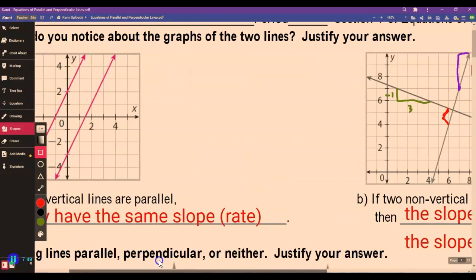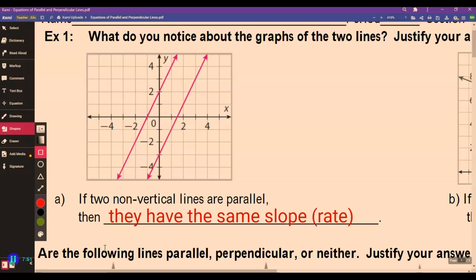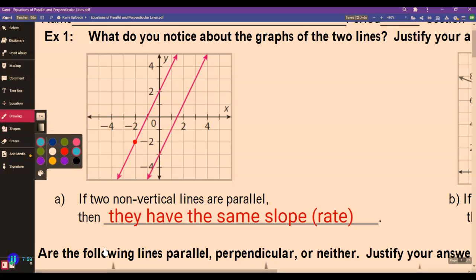And likewise, I'll go back to parallel over here. These are a little bit easier because they're just the same slope. So if I can just label these and find the slopes for both. So the slope for this first line is 2. And then do the same thing over here.